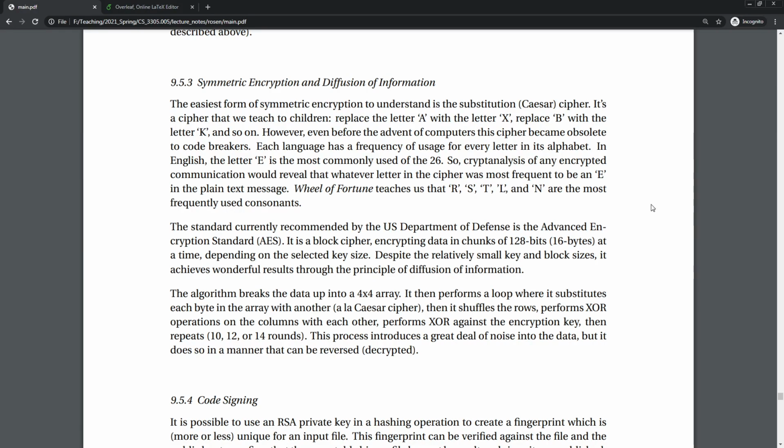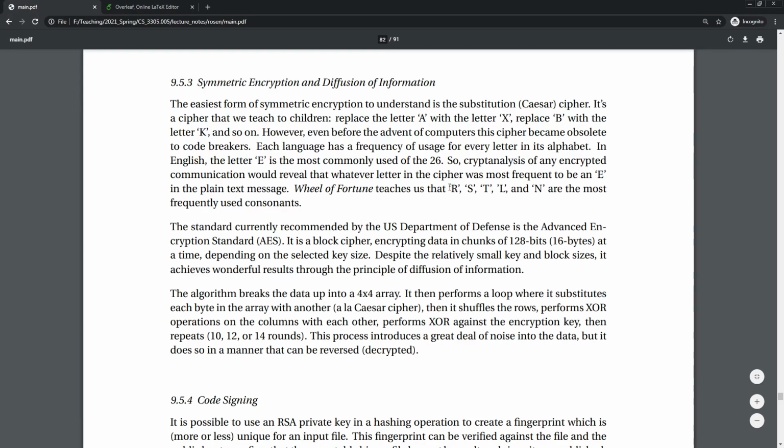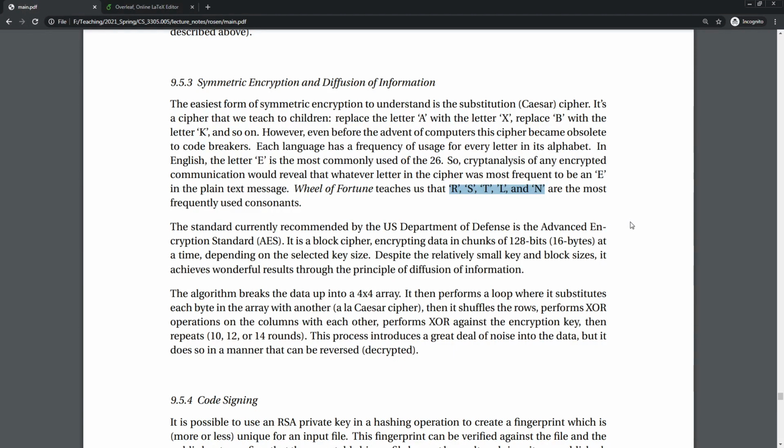And so in English, the letter E is our most used letter. And in fact, in Wheel of Fortune, R, S, T, L, and E are the letters that Pat Sajak always uses as the initial guess to get the contestant started, because it's the most frequently used vowel and the most frequently used consonants.